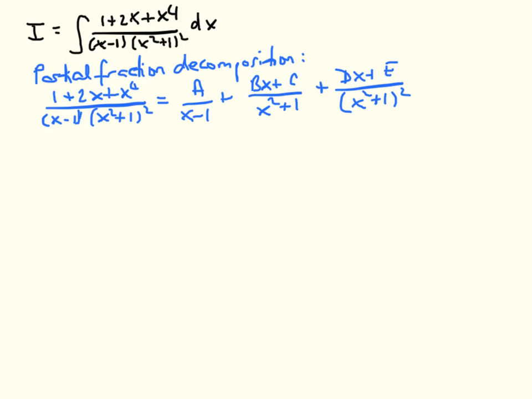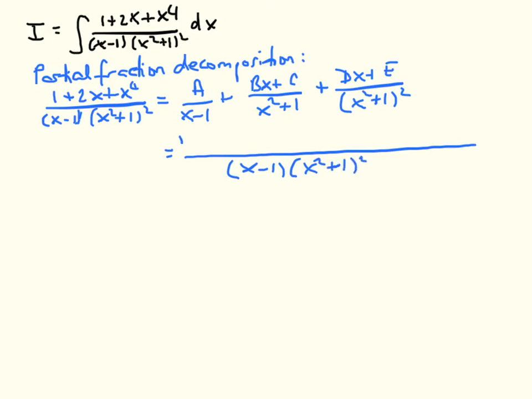So now, as before, we put these terms all on a common denominator. The common denominator is the original denominator. So we have x minus 1 times x squared plus 1 all squared.